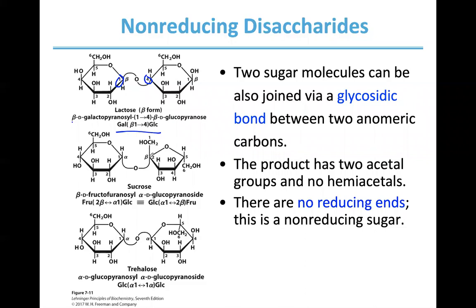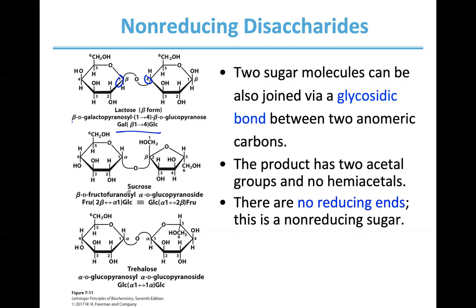That means this carbon is a ketal. This carbon is an acetal, carbon 1, and this carbon is a ketal. Which means both of these are anomeric positions, so it doesn't matter which one I use first.